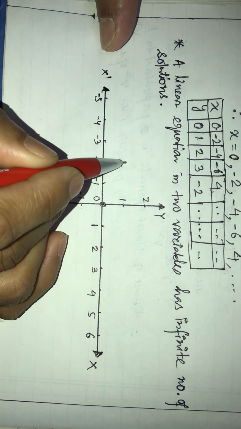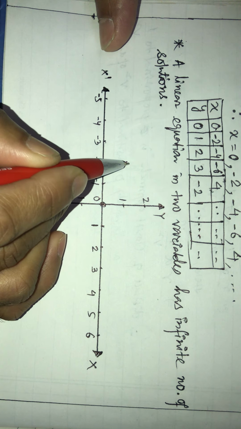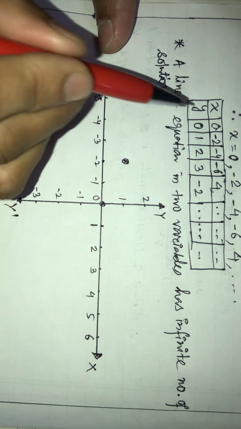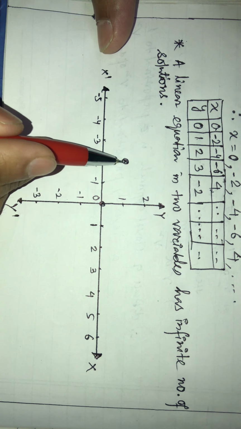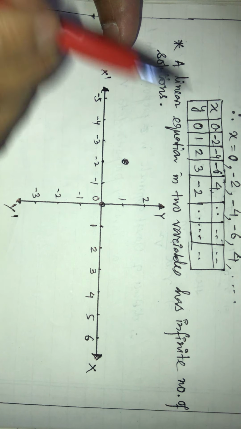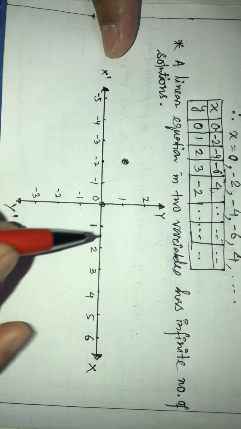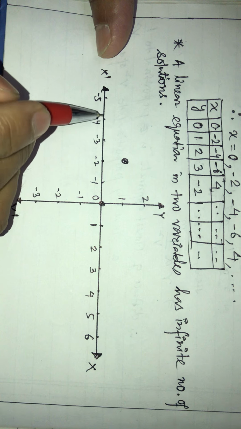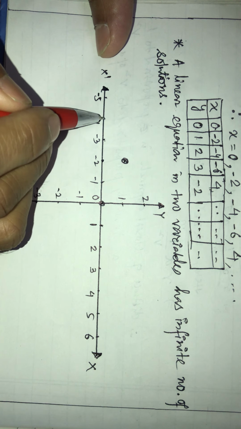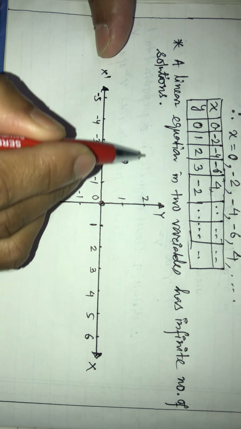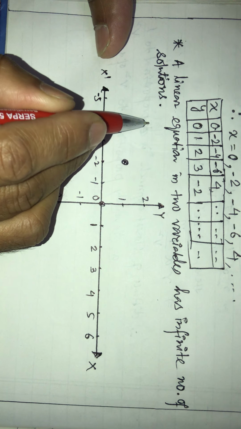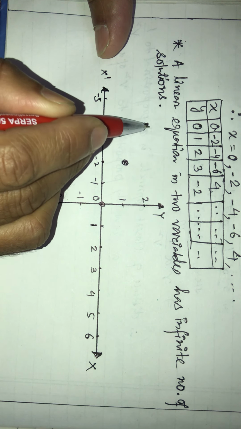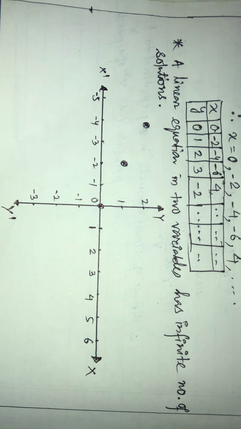So somewhere here I will get the point -2 and 1. Next is -4 and 2. x has got -4 and y is 2. So again I need to go up and towards the left. Somewhere here I'll get it. I'm not using graph paper, so it may not be exact, but this is how we do it.